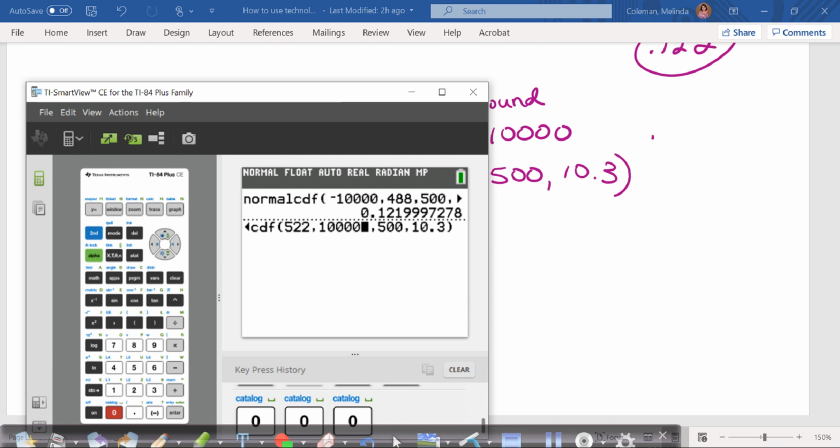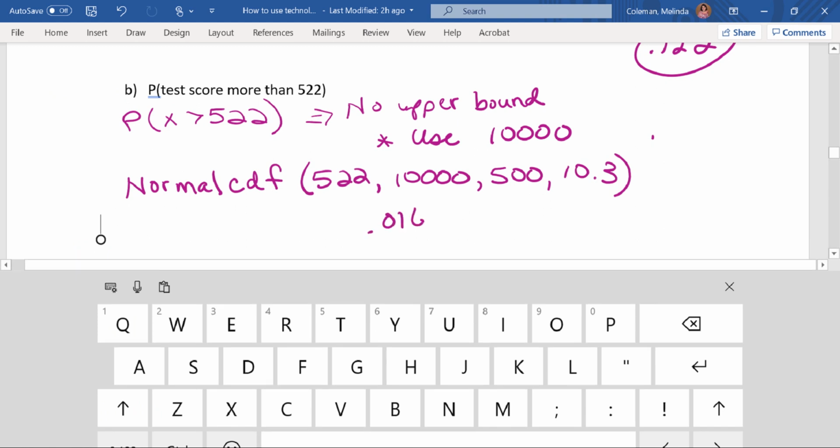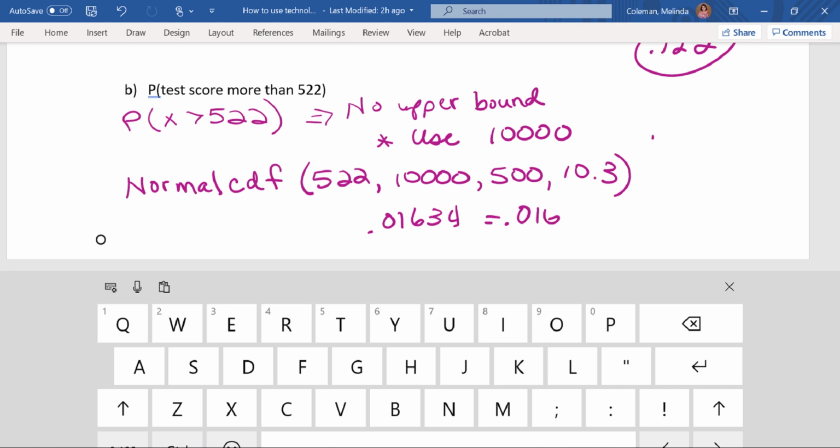You can delete any unnecessary numbers, any extra. Hit enter, and now we get 0.01634, which if we rounded that would be 0.016.